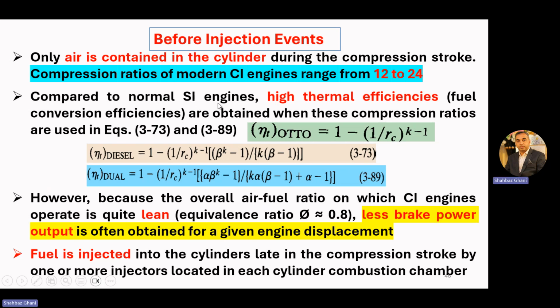Compared to normal SI engines, high thermal efficiency and fuel conversion efficiencies are obtained when these compression ratios are used in the equations which we have studied in chapter 3.